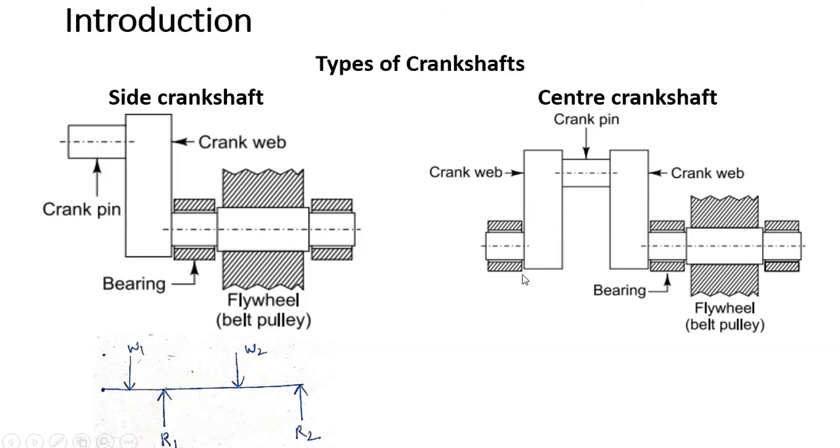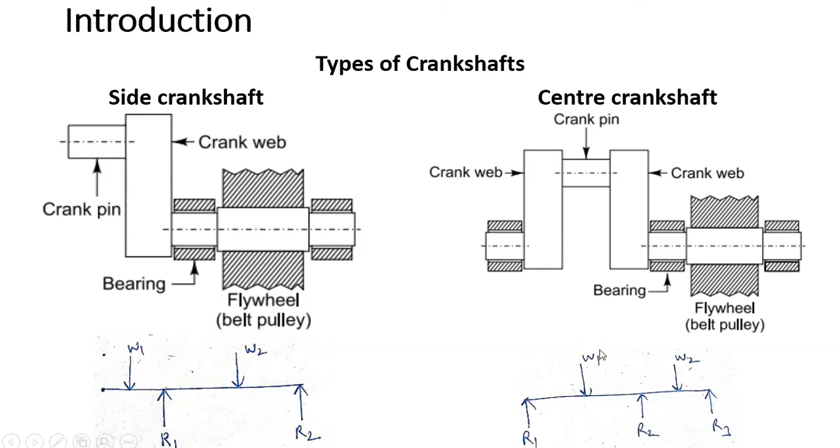So in this case we have three bearings instead of two bearings as in the previous case, and a crank pin is here, and we have two webs now, the left web and the right web. And this is again the flywheel, which will help in transferring the motion. This system can be considered a continuous system because we have more than two reactions.